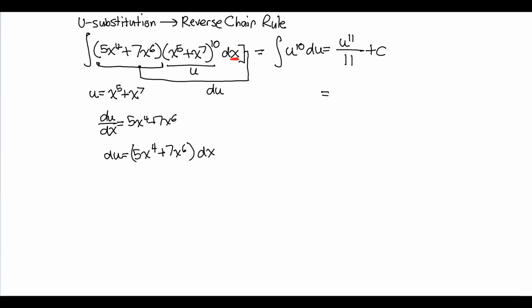So let's turn this back into x. u was x to the 5th plus x to the 7th. So you can substitute back: x to the 5th plus x to the 7th, to the 11th over 11 plus c. Okay, this is not that difficult.